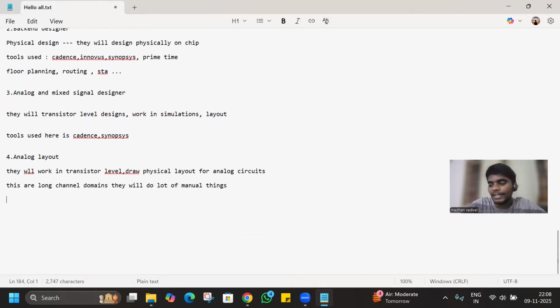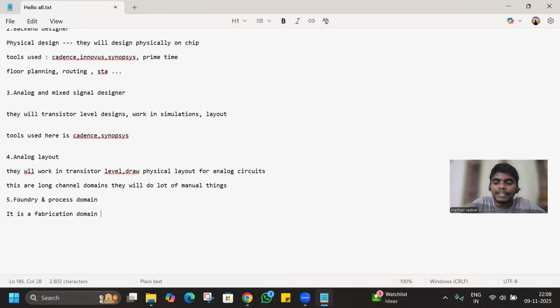The next, fifth one, is the foundry and process domain. The name itself tells you: foundry and process domain means it is a fabrication domain.